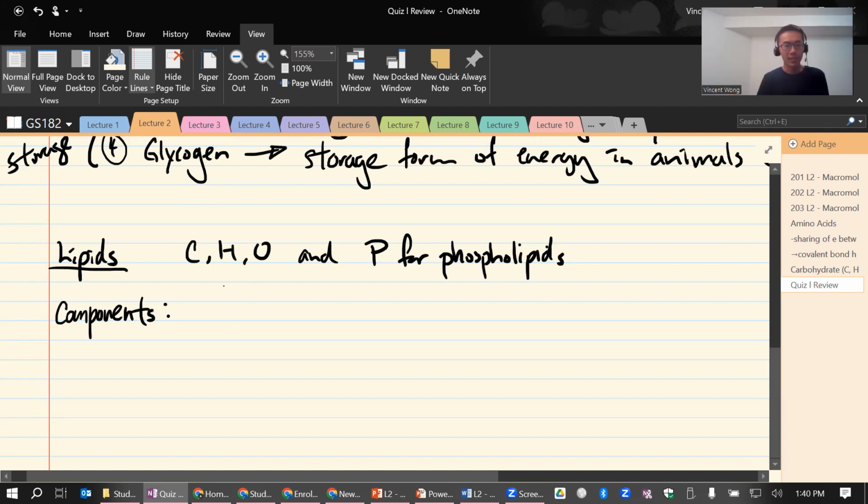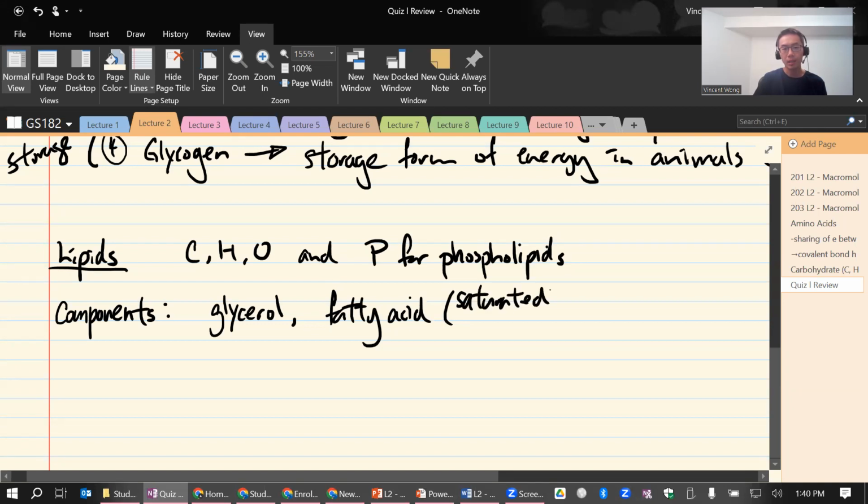Instead, it has components. So some of the key components include glycerol, not to be confused with glycogen. Okay, this is glycerol. Fatty acid, which could be saturated or unsaturated.